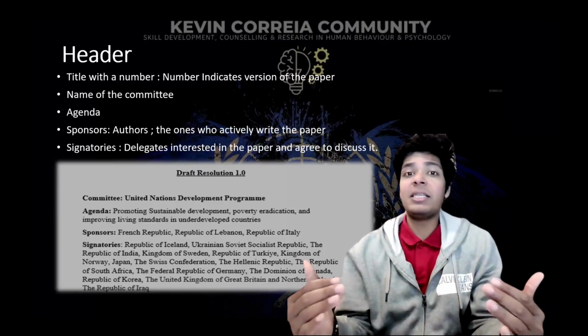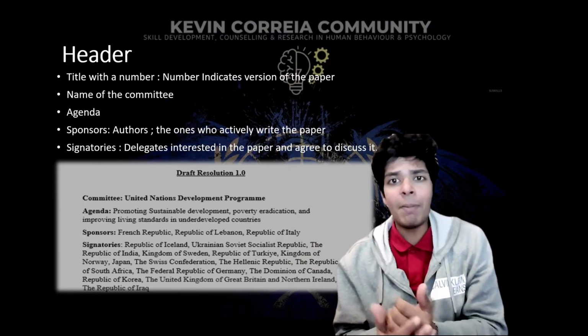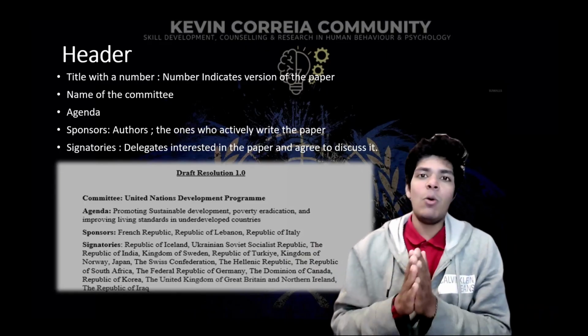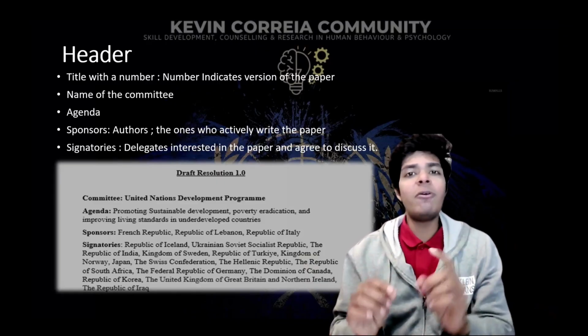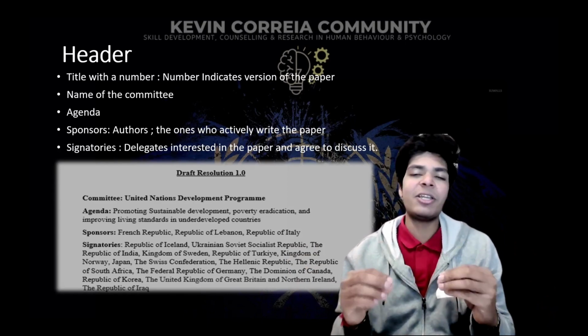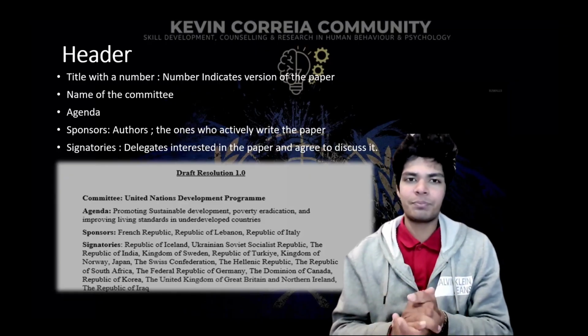It is not compulsory for them to vote on that paper, but they are interested in debating and discussing that particular paper. So that being said, you can be an author of only one paper in a committee room, but you can be a signatory of any number of papers that are presented in that room.